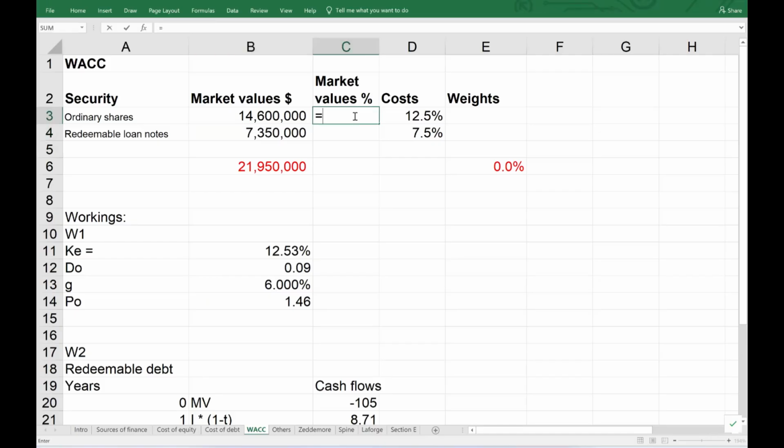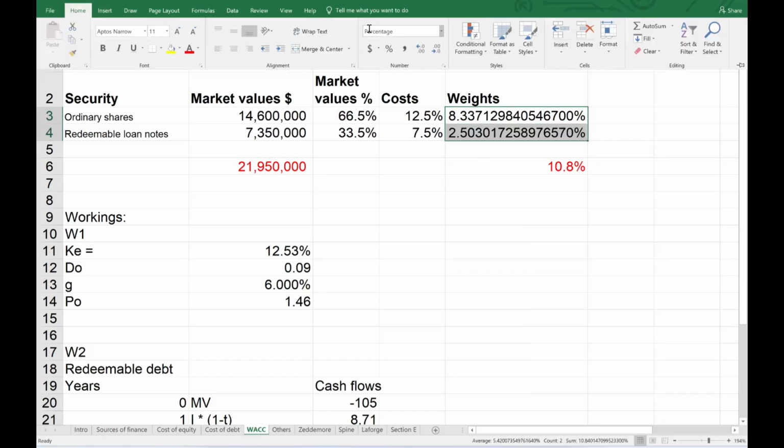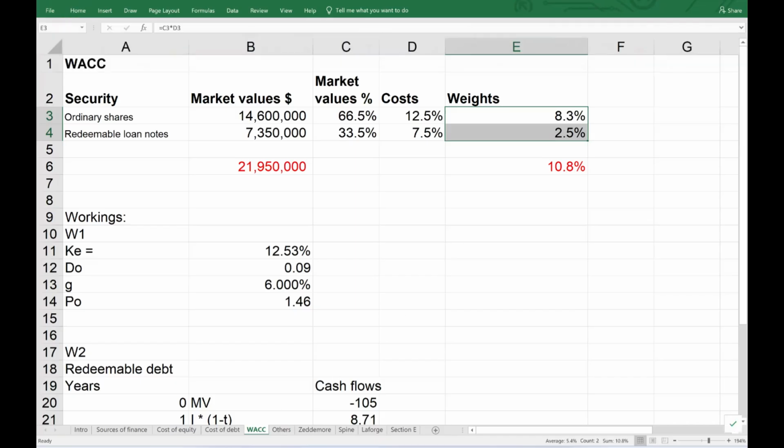Find this in percentage. Very easy. So this divided by total is 66%, and this divided by total is 33%. Okay, costs are given, values are given, find the weight. 10.8% is your answer. 10.8%.